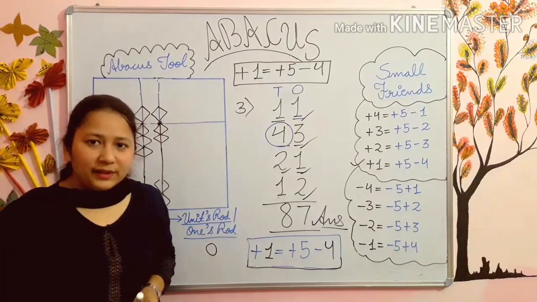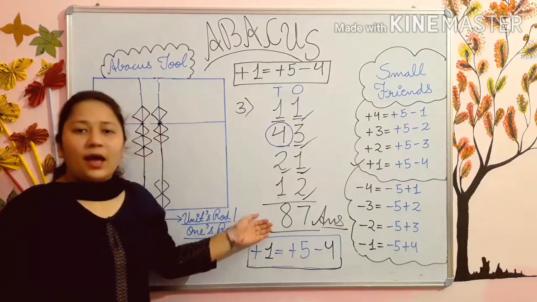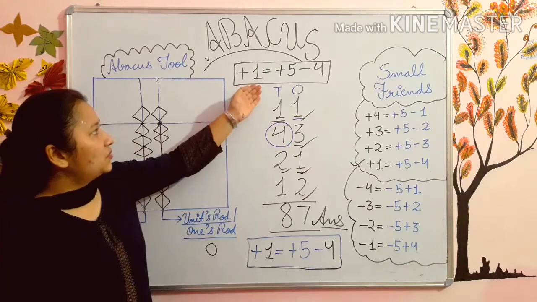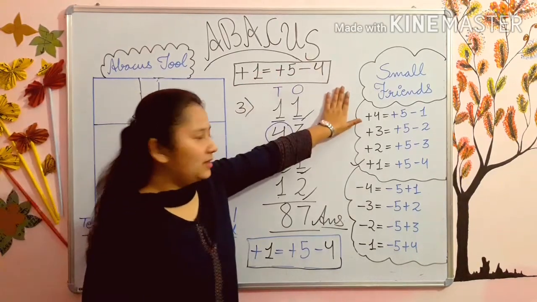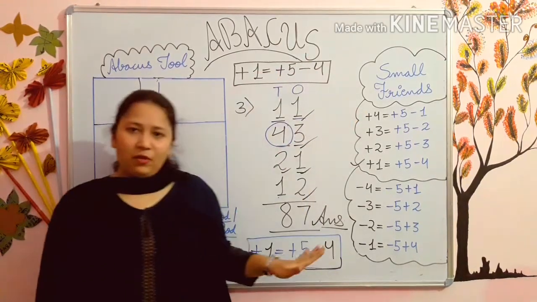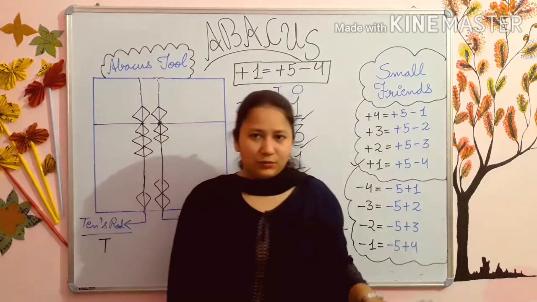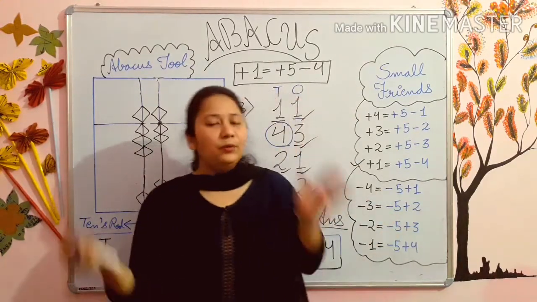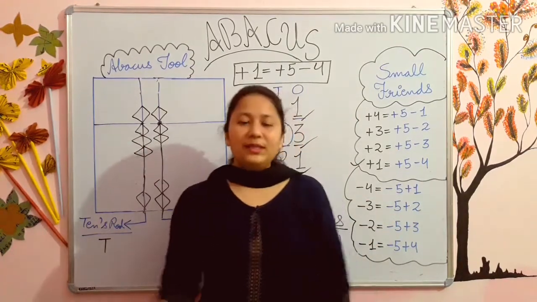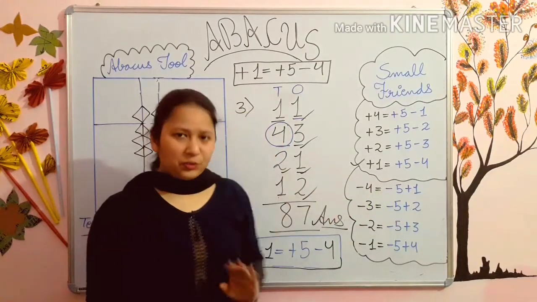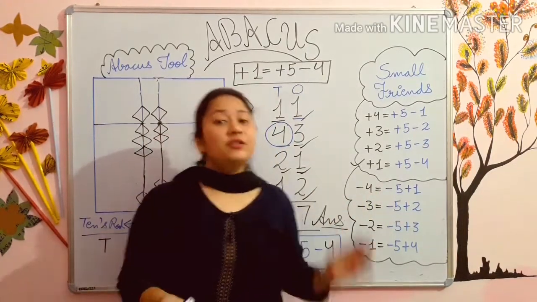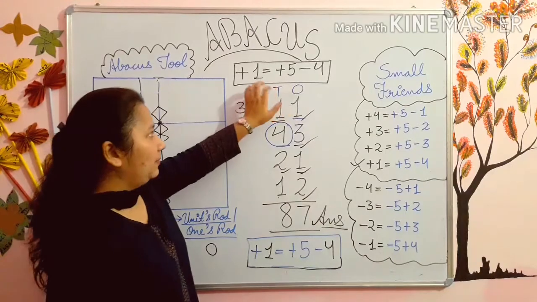I hope students you get this. Our today's topic is +1 is equals to +5 minus 4. This small friend formula today I have explained to you. Students, with this video I have also given you one practice PDF which is related to this formula.